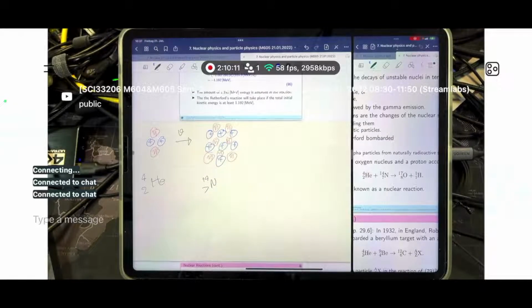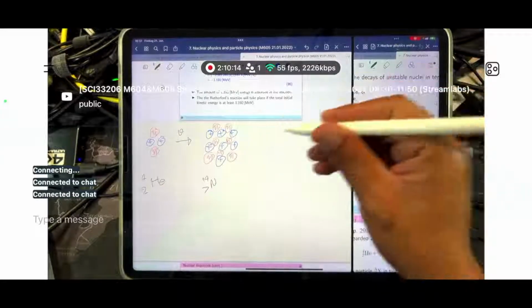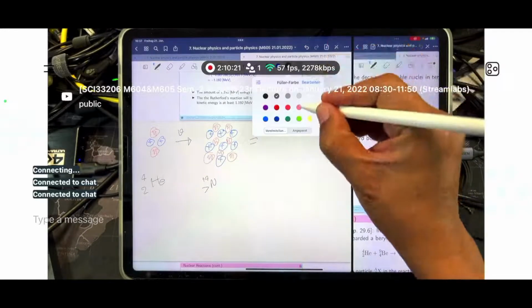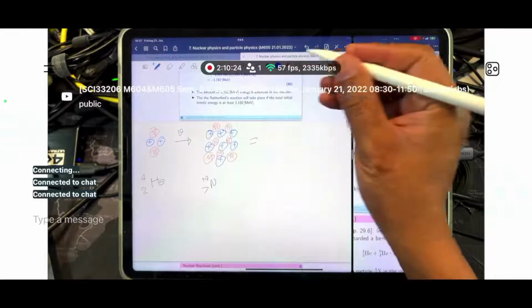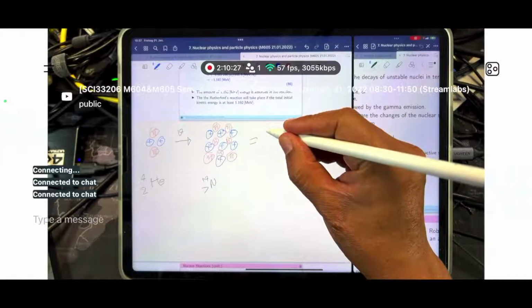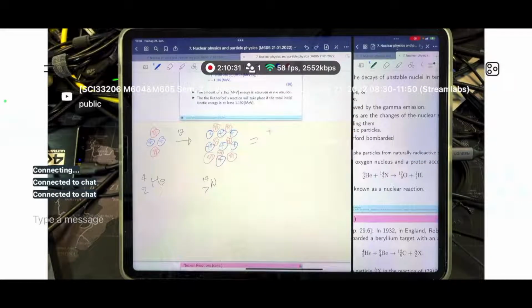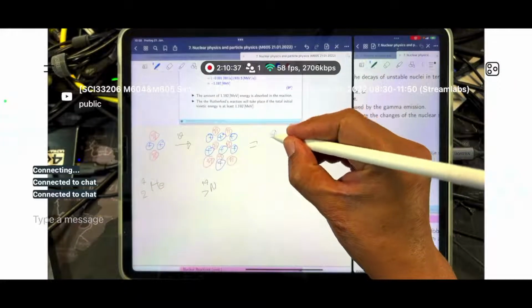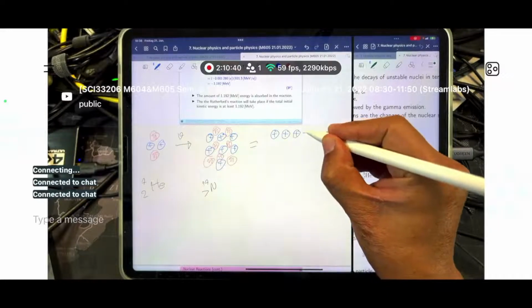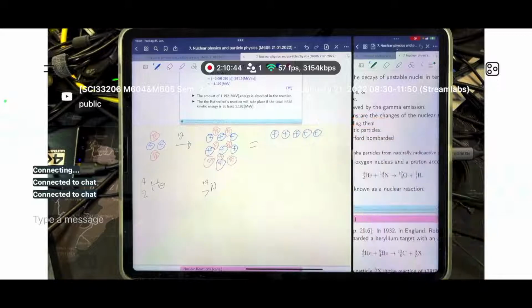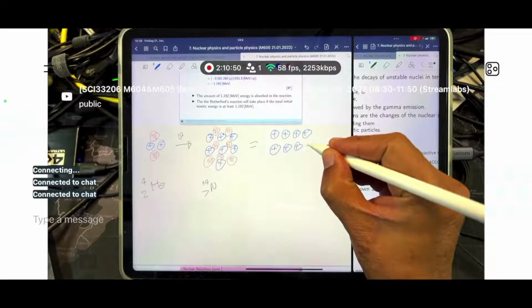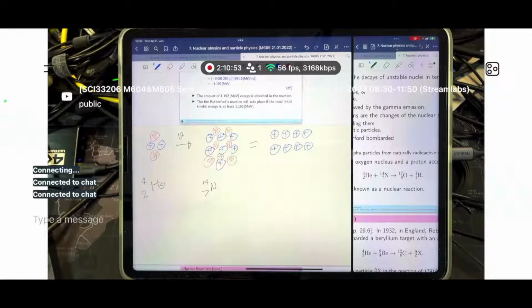And the outcome is we get oxygen. There are 8 protons and 9 neutrons.